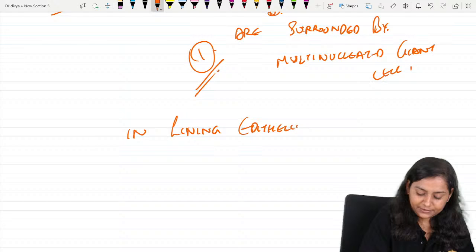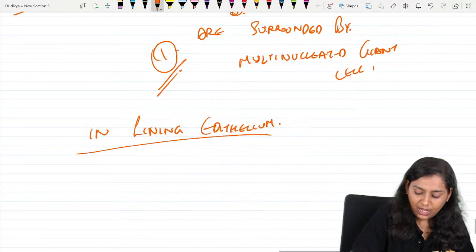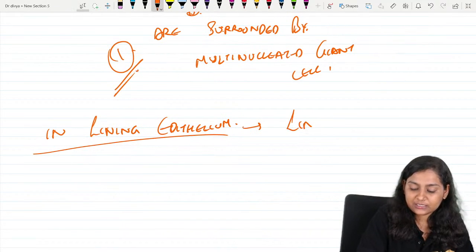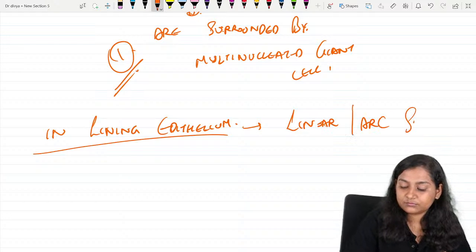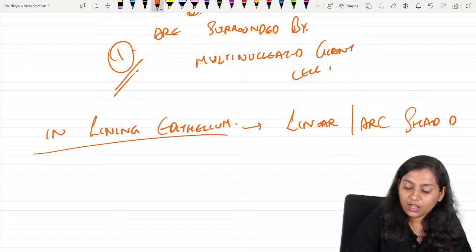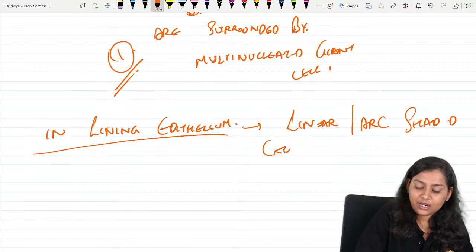In the lining epithelium, linear arc-shaped calcifications are seen.